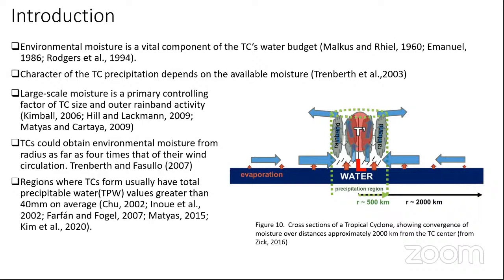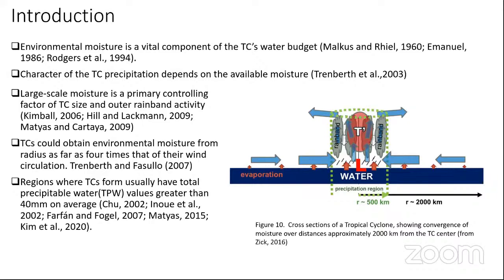Characteristics of the TC's precipitation depend not only on the nature of the storm, but also on the available moisture. Large-scale moisture is a primary controlling factor for the TC size and also the outer rain band activity.